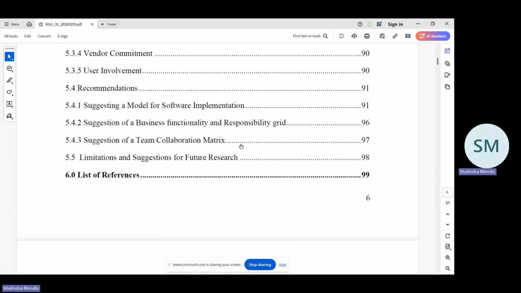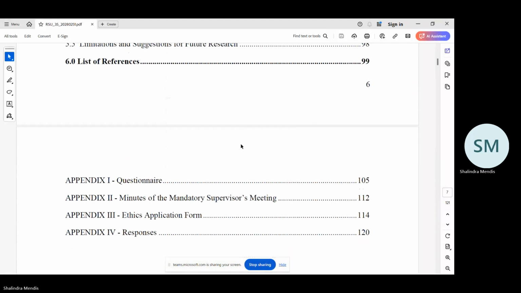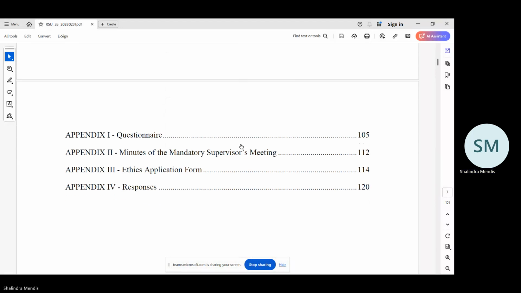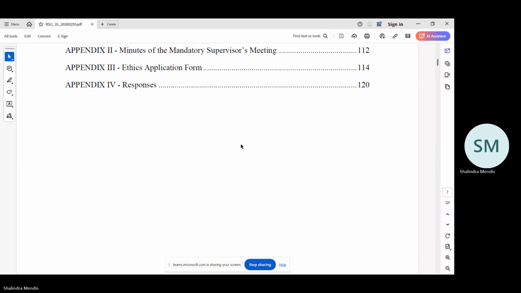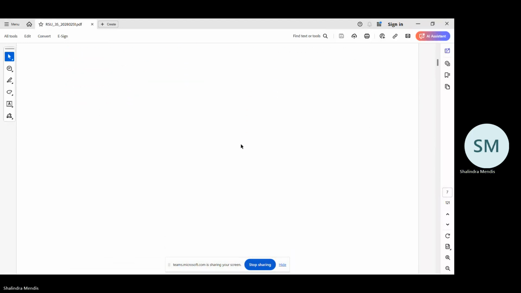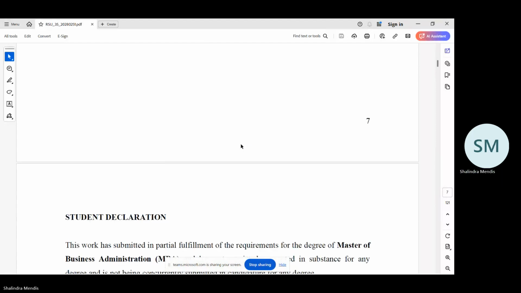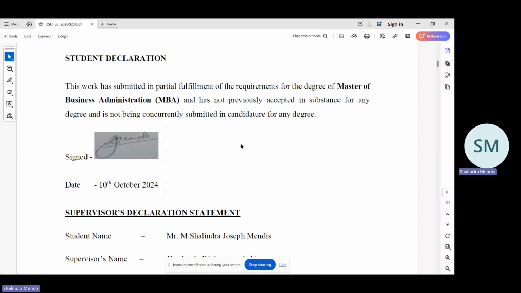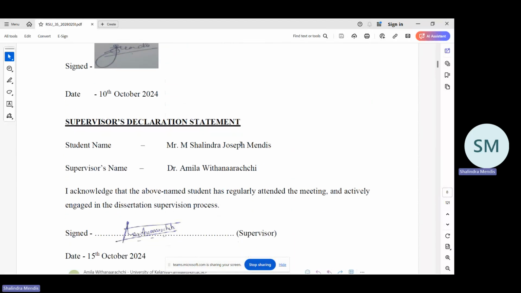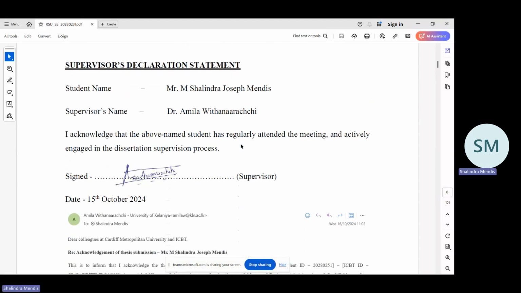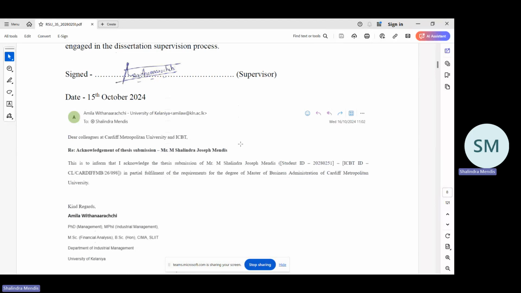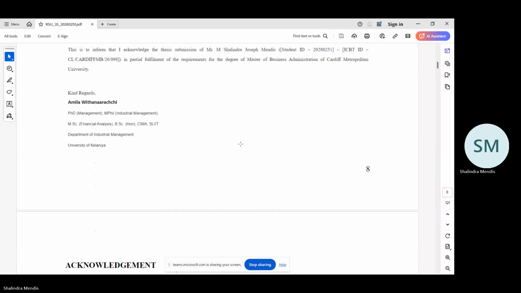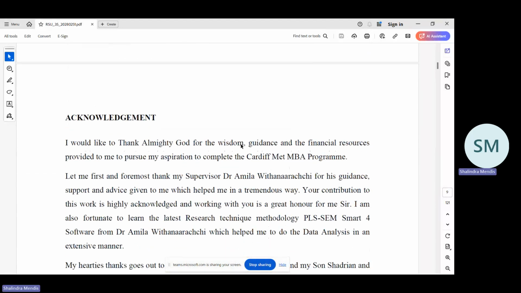And the list of references. And the declaration. Supervisor's declaration. And the acknowledgement.